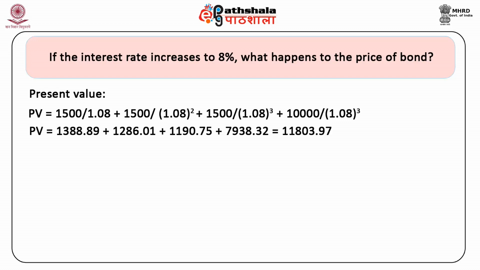Present value is equal to 1388.89 plus 1286.01 plus 1190.75 plus 7938.32 is equal to 11803.97.